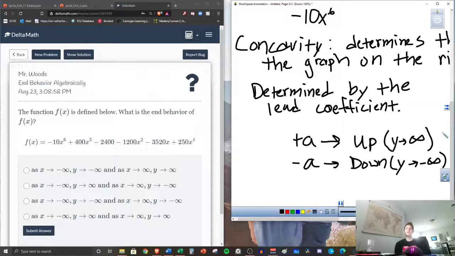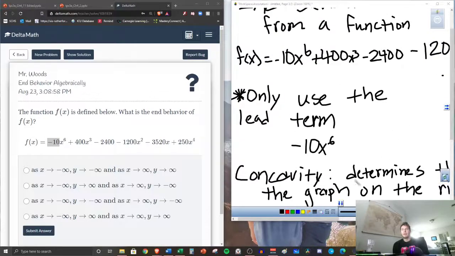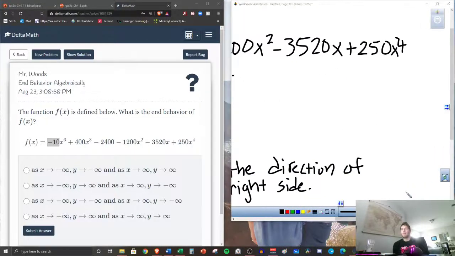And this is on the right side, okay? Only the right side. So I'm looking at mine. Here's my lead coefficient. The A value is negative 10, so that means on the right side, it's going down.